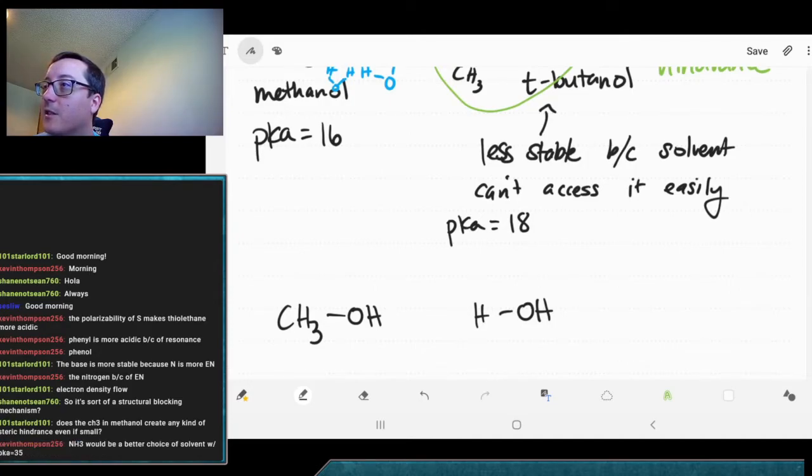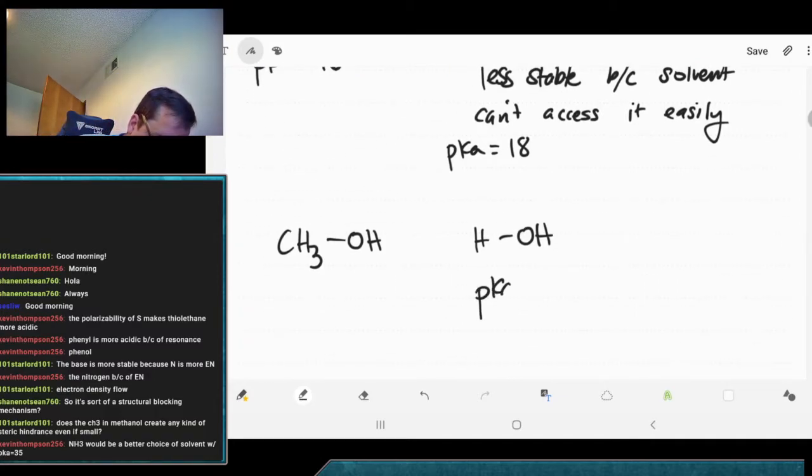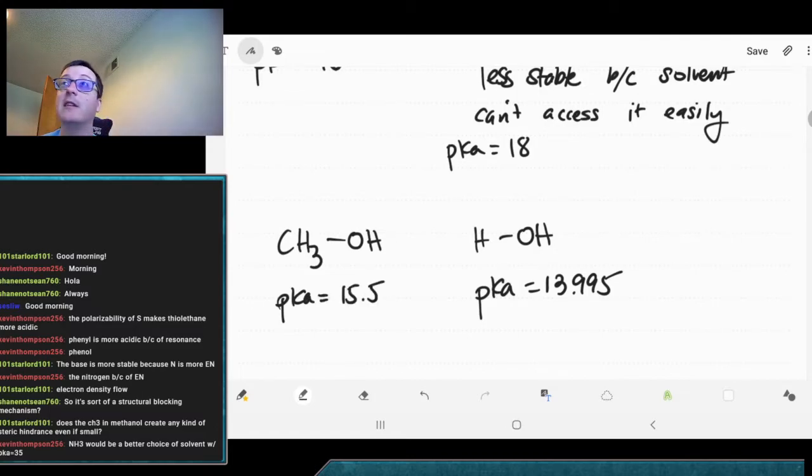I'm glad it is 13.995. So right, pKa is about 14, we'll say. If we look at methanol, here I'll be as specific as possible. 13.995 there, and then pKa of the methanol is 15.5. We definitely do see this trend happening. So yes, you do have some steric effects because of the methanol.